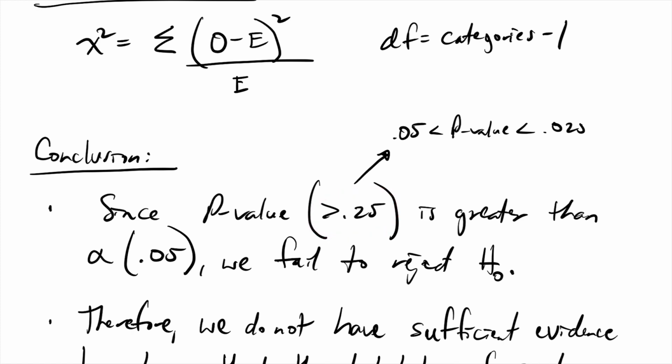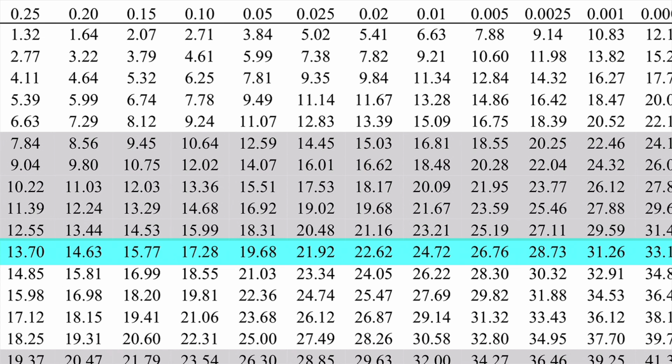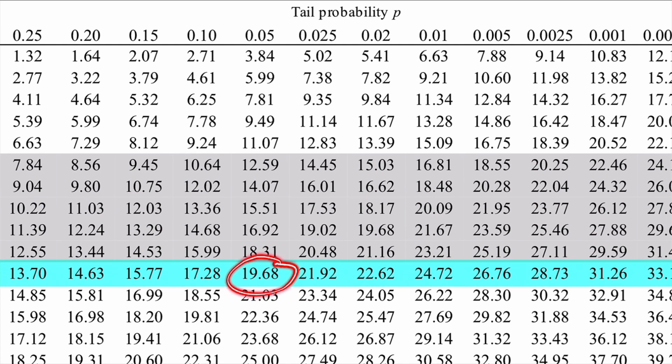Would we reject or would we fail to reject? We would reject. Why reject? It's going to be smaller than 0.05 because there is no equal sign here. For it to be exactly 0.05, it has to be exactly this guy here. We didn't say it. We said it was between these two guys, so if it's not this guy exactly, it's in between.